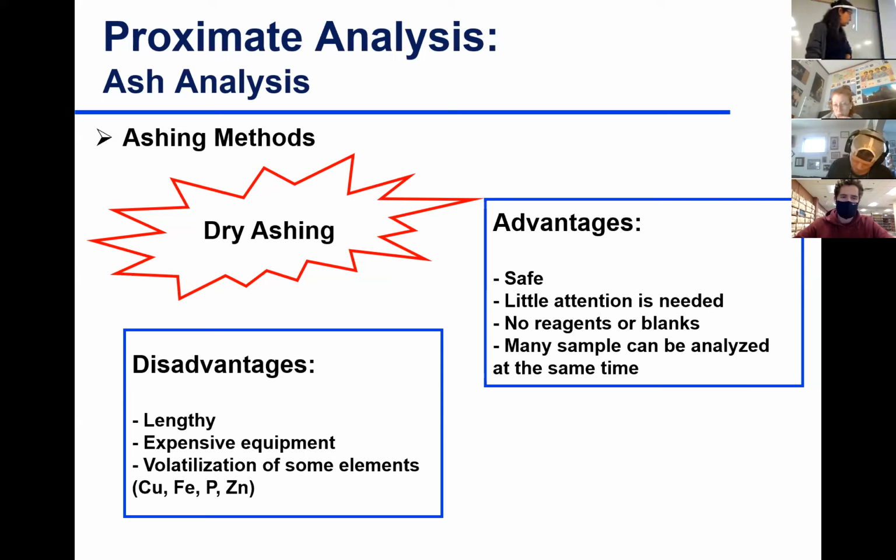Another disadvantage, we might get volatilization of some elements because some elements volatilize at lower temperatures than others, such as iron, zinc, copper. So you get underestimation of ash content and potentially underestimation of individual minerals if we're doing mineral analysis.